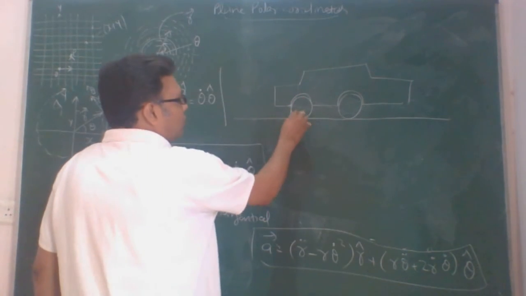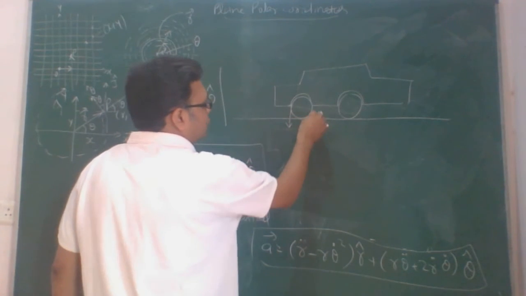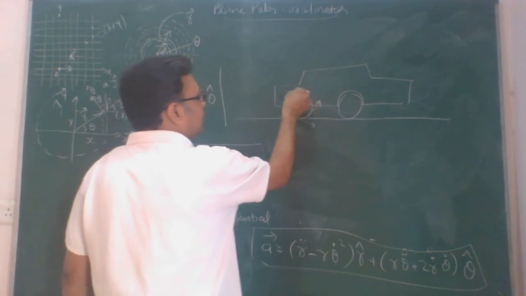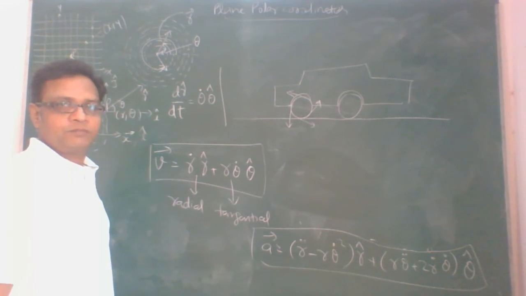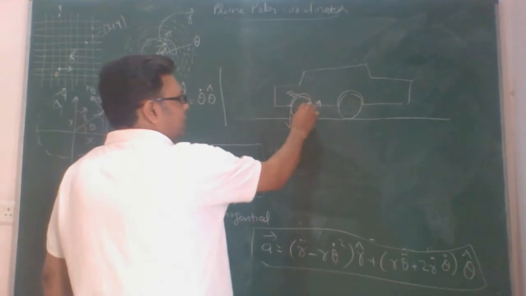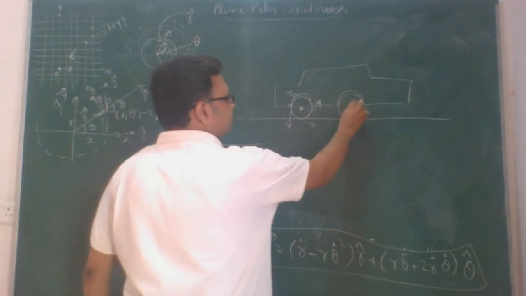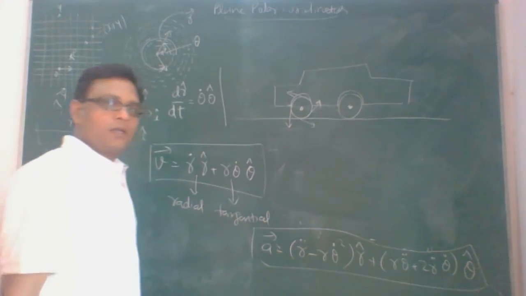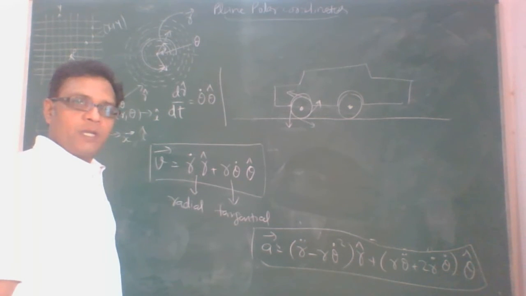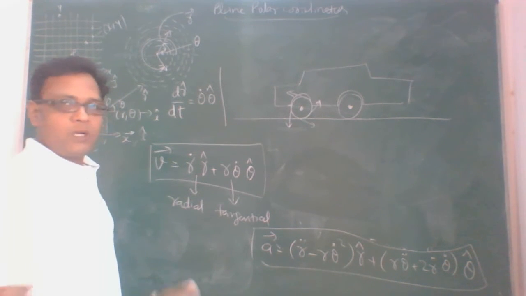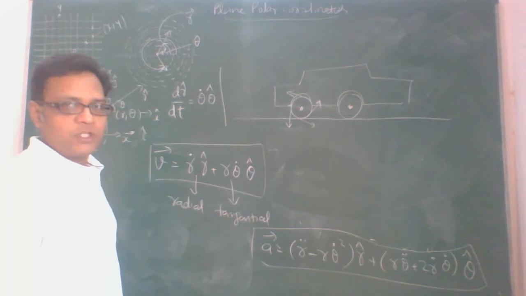So of course you are enjoying nothing but the tangential part. You don't find a jerk. You find yourself propagated in a particular direction. So you are only experiencing the tangential part.